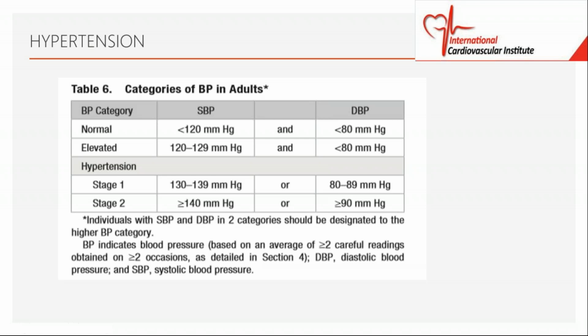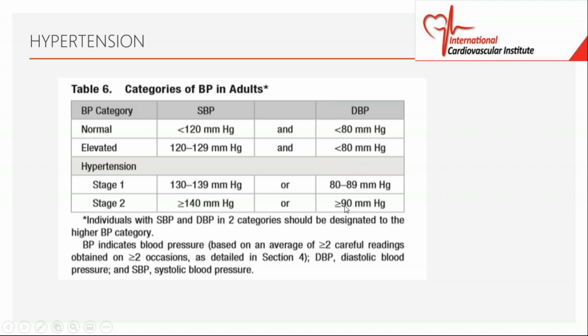Now, what you have to do is stage the patient using the highest blood pressure. So say, for instance, the patient presents with a blood pressure of 117 over 90. The 117 systolic is normal, but the diastolic 90 is going to put them in stage 2, okay?